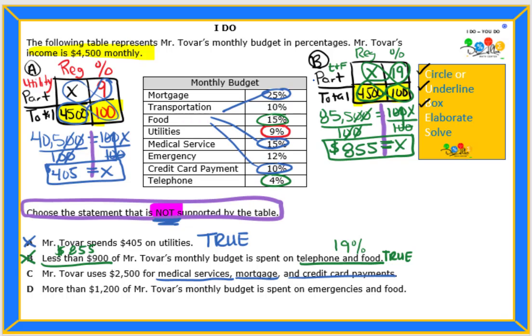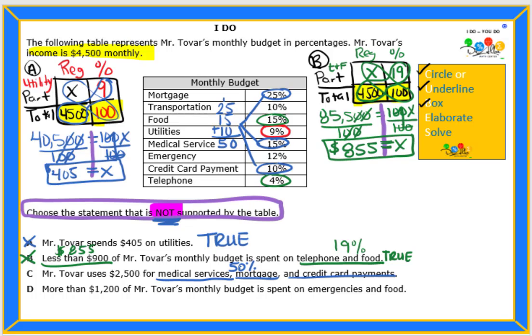So 25 plus 15 plus 10, that would give us a total of 50. So 50% is spent on those items. And so 50% of his budget is just half.